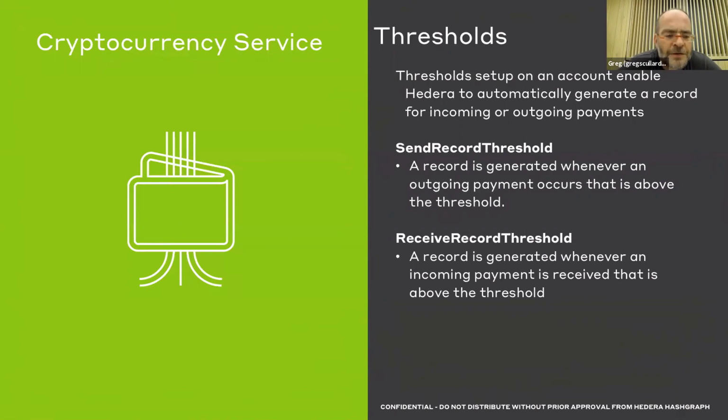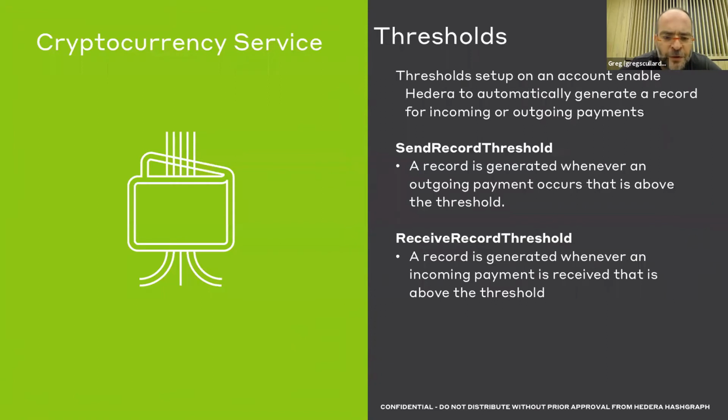Thresholds. When we looked at transactions earlier, there was an option to generate a record as part of a transaction. But I can set up an account through thresholds such that a record is generated by Hedera automatically when an outgoing crypto transaction or an incoming crypto transaction exceeds a given threshold.